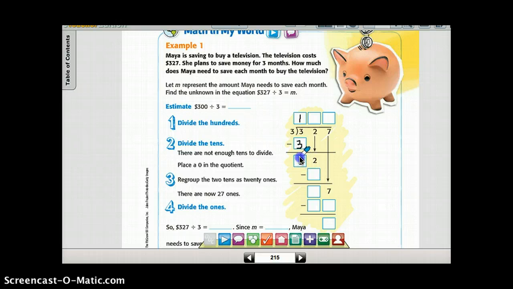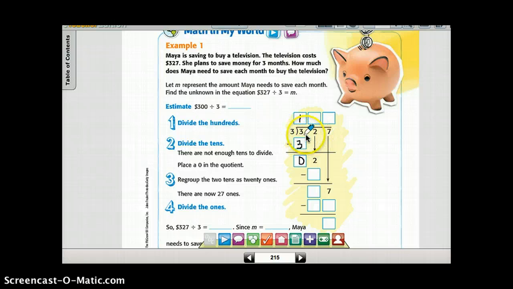And now this is the compare step. I know sometimes we call it check, and in 4th grade they might have called it check. That's the same thing, but we're going to call it compare now. So now we just have to compare that 0 is smaller than 3, which it is. So now we're going to look at this 2, for the 10 spot. Can 3 go into 2?